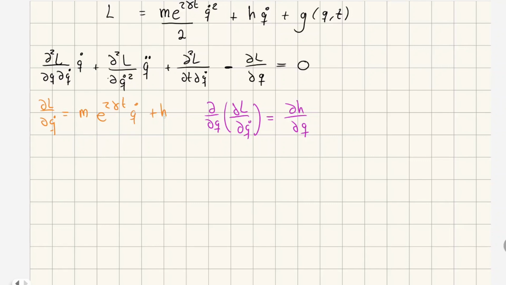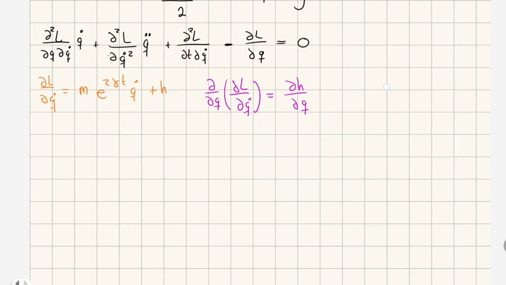And then looking that h is a function of q, we just express this as the partial of h with respect to q.